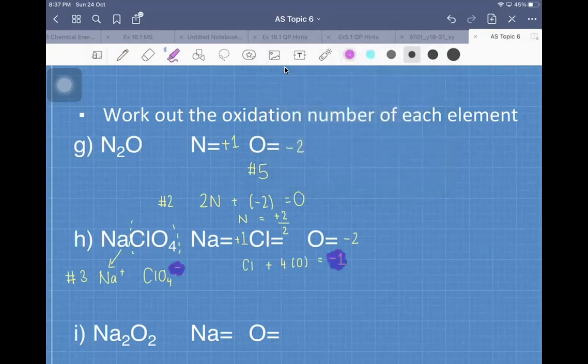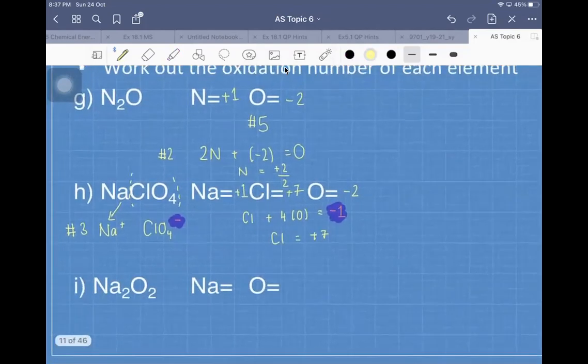Okay, so I'm trying to highlight that. And then you just work out your chlorine. It should be positive +7. Okay, so that means your chlorine has an oxidation state or oxidation number of +7.